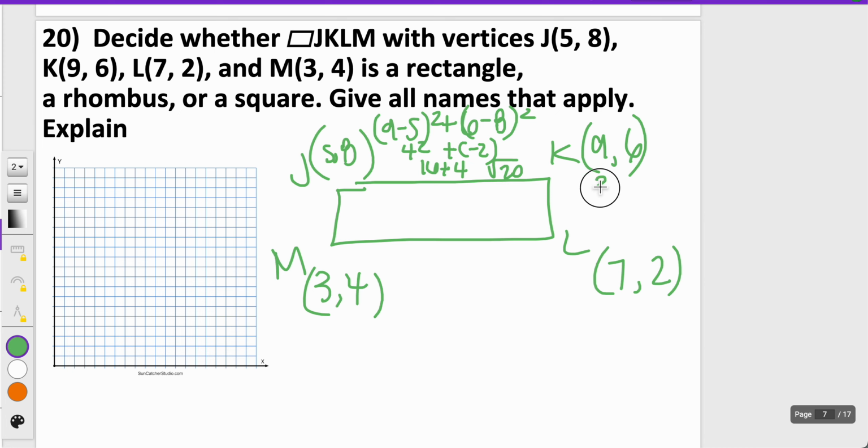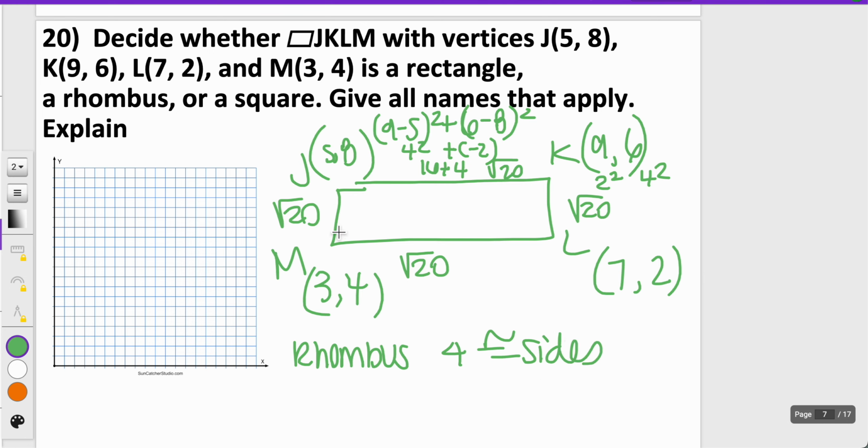For this one, I'm also going to get 2 squared and 4 squared, so that'll still be the square root of 20. For ML, I would also get the square root of 20 because I'm going to get a difference of 4 and 2 for my x and my y. And then for JM, I'm also going to get the square root of 20. Okay, so right now they have all the same distance, so right now maybe we can say rhombus because we have 4 congruent sides.